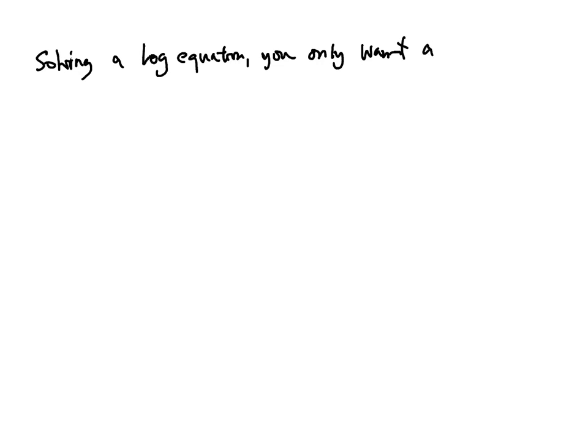Alright, so that's part 1. Now part 2. Notice this time we have a bunch of log equations, so let's go ahead with that. In general, when you're solving a log equation, you only want a single log.